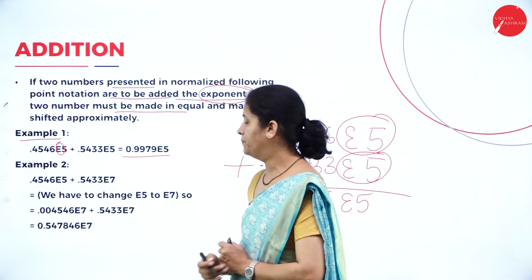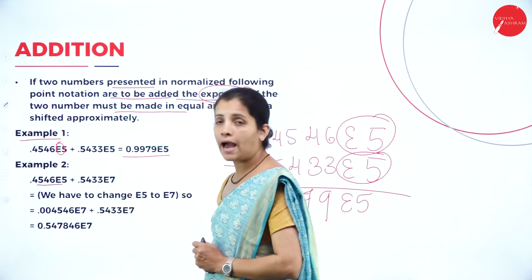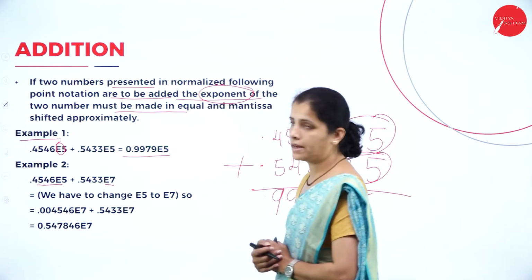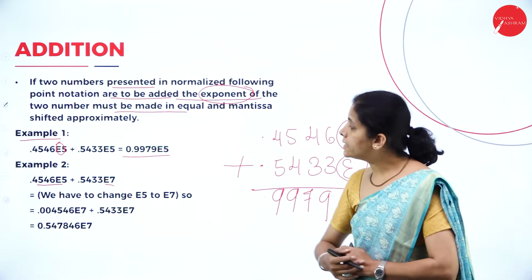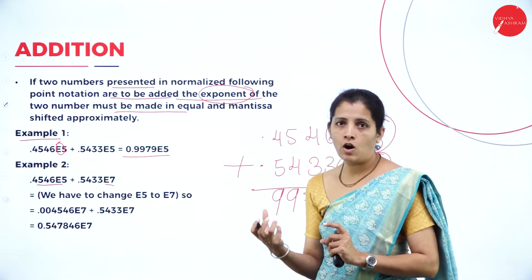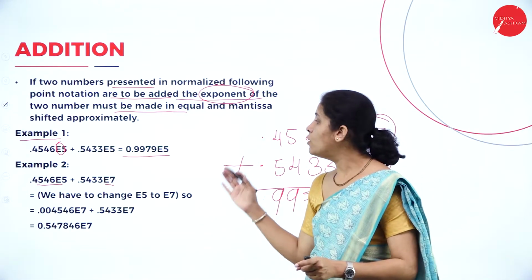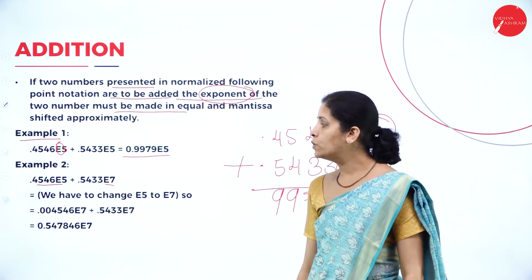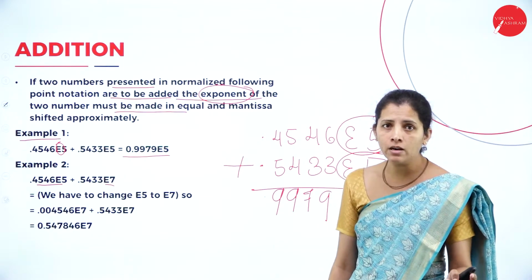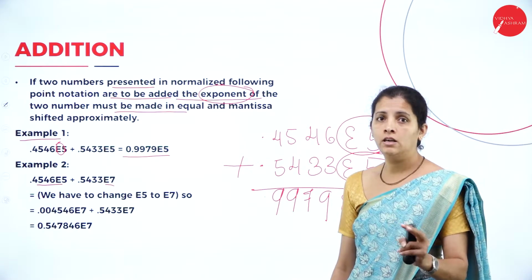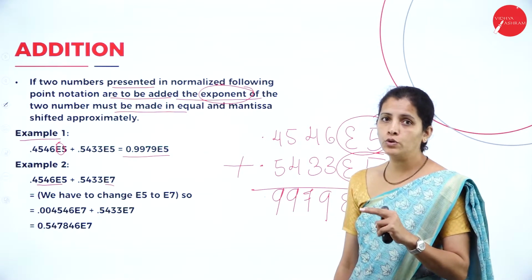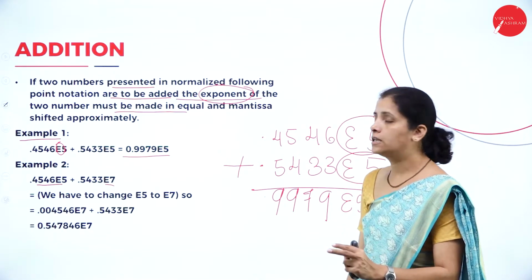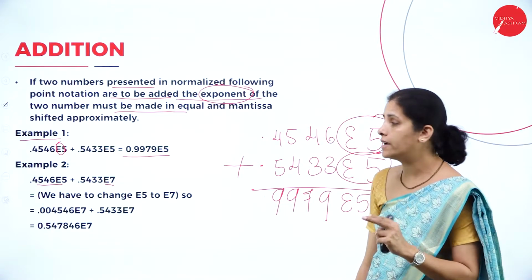Now, if I consider this number, here I have E5 and here I have E7. To make it a normalized number, or to make both exponents the same, I'm going to shift that number 2 digits right.